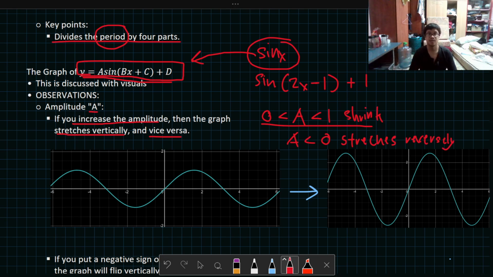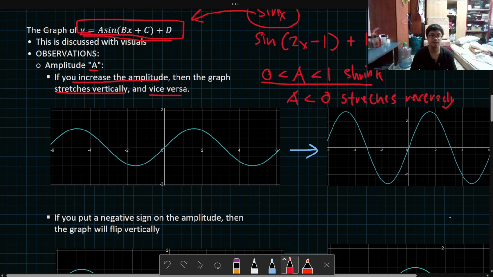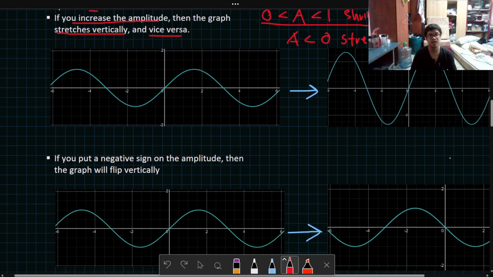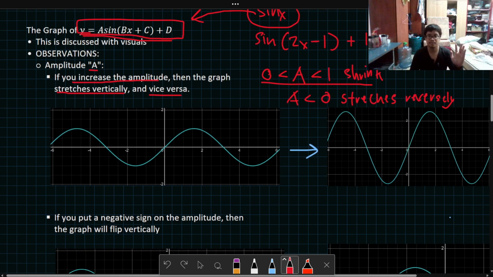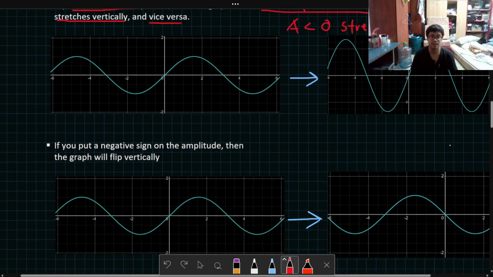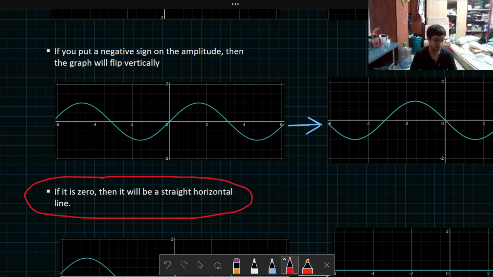Right? Reversely. I forgot to add the information here. Don't forget this one. Also, if your A is 0, you will have a horizontal line. If your A is 0, then it will be a straight horizontal line.